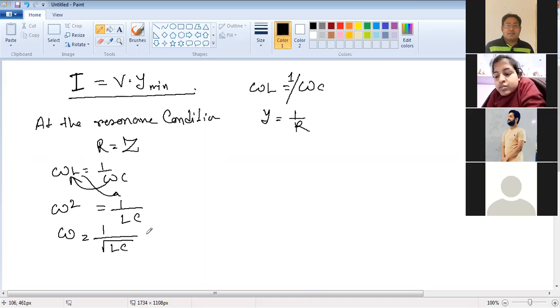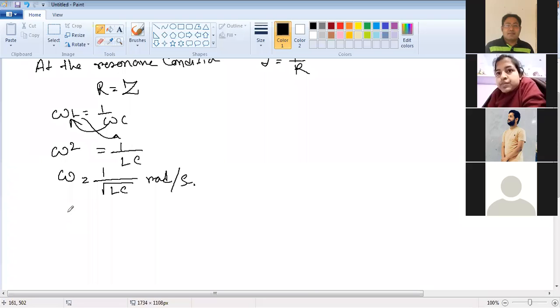Okay, this is radian per second. And if you want to write directly in the frequency format, then we can write frequency is 1 by 2 pi root LC. This is the resonating frequency.